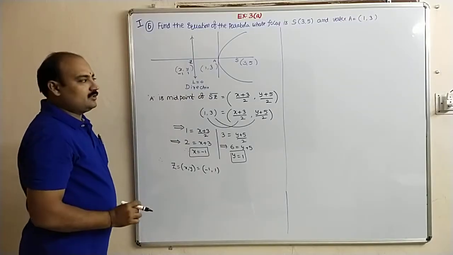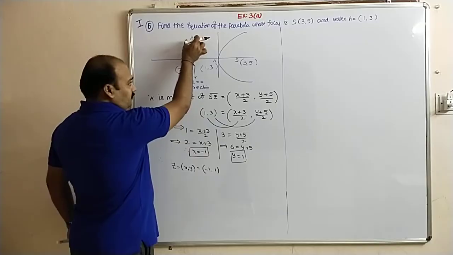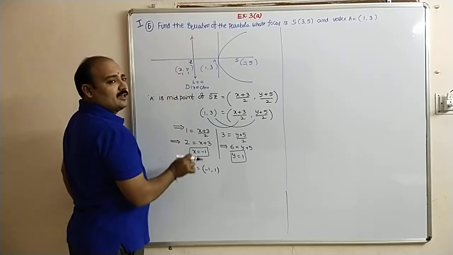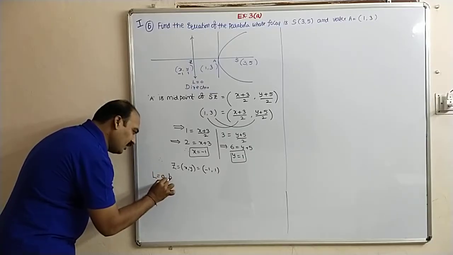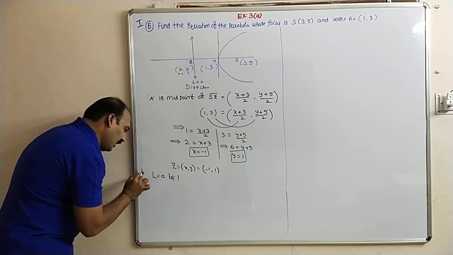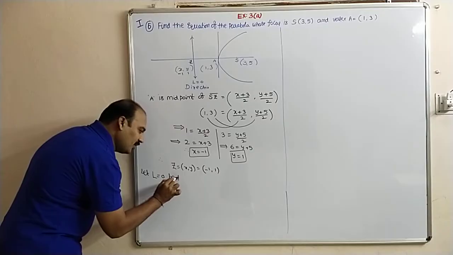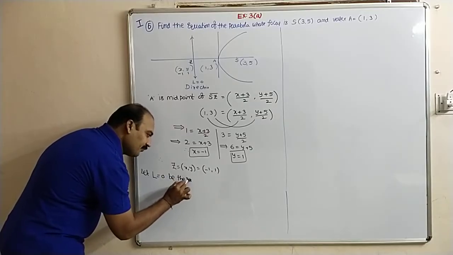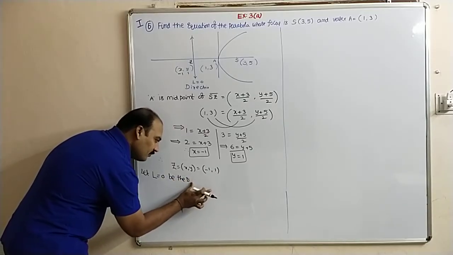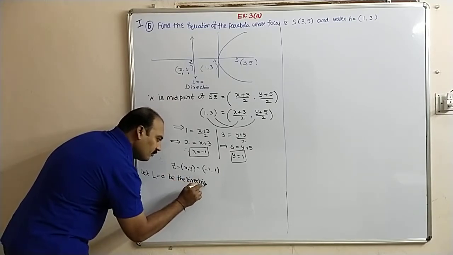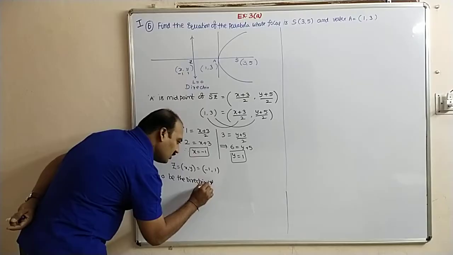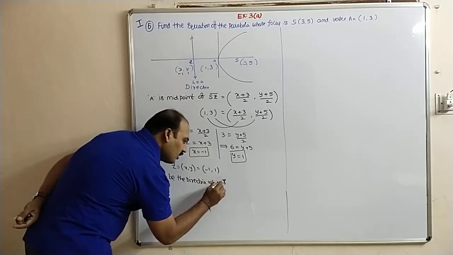So, observe that L equal to 0 is the directrix. Let L equal to 0 be the directrix, whose slope I am assuming is m.